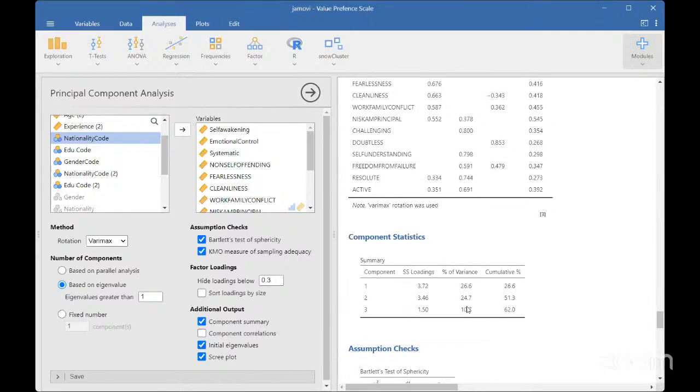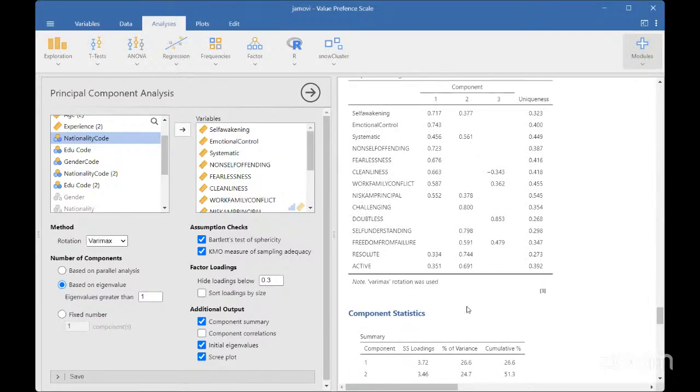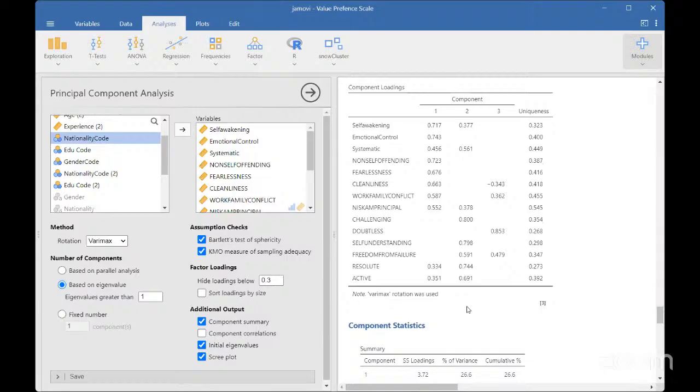So now you can find out. If there are three factors, first one is the maximum variance accounted. That is the 27% variance accounted. First component, okay?